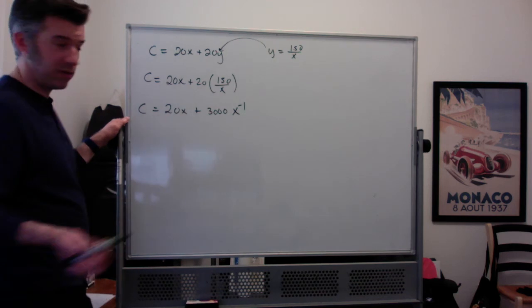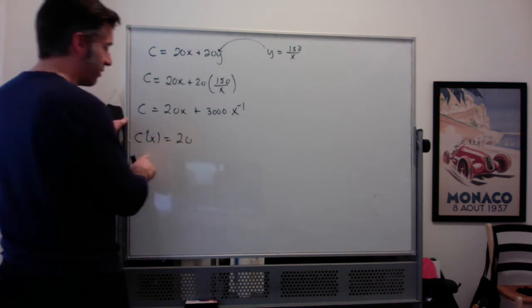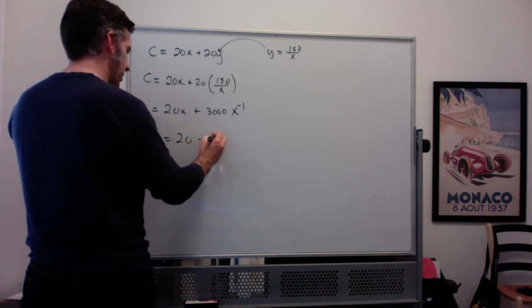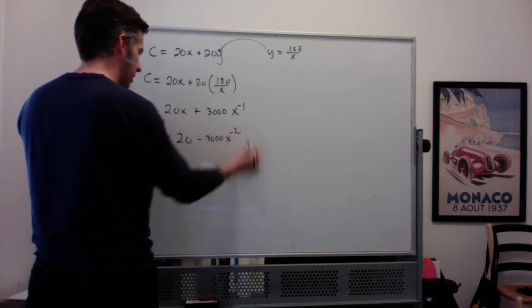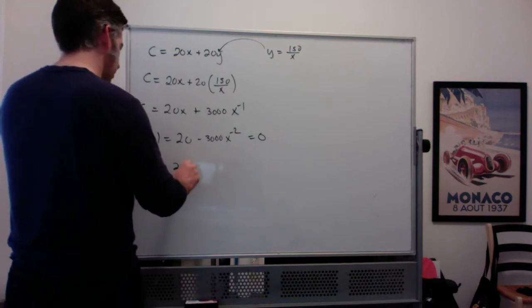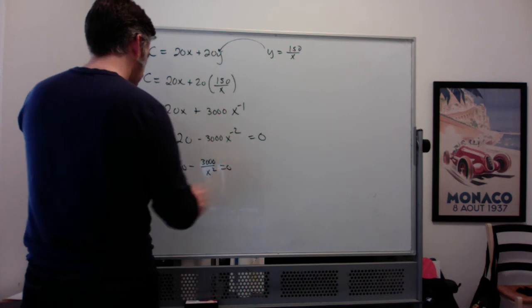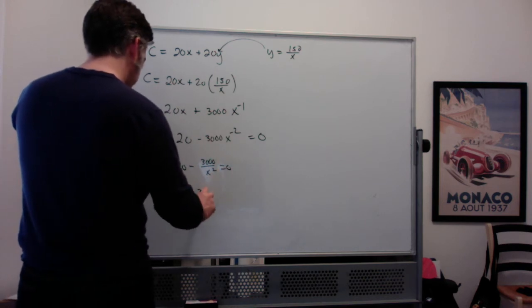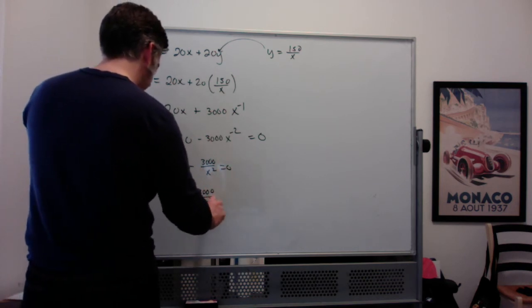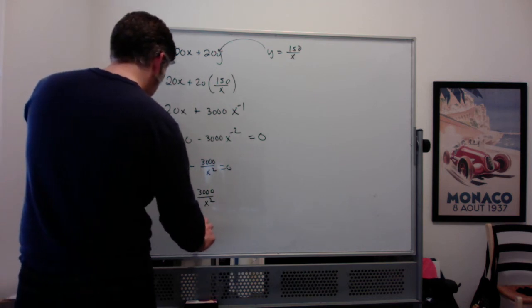So now we're going to find the critical values. The derivative is 20 minus 3,000 x to the negative second. Set that equal to 0. I'm going to rewrite this as 20 minus 3,000 over x squared equals 0. 20 equals 3,000 divided by x squared, so 20x squared equals 3,000.